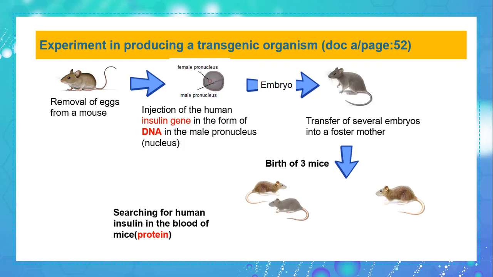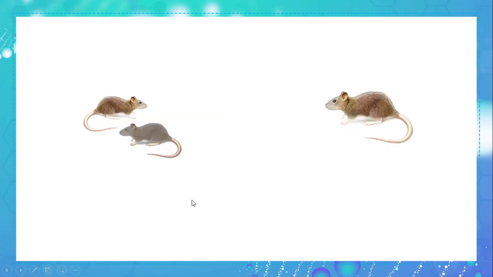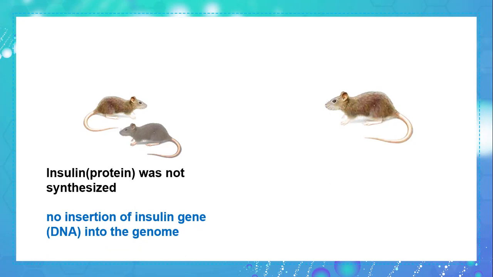After searching for human insulin in the blood of these mice, 2 mice showed a negative result, where human insulin was not synthesized in them, and only 1 showed a positive result, where human insulin was synthesized in it. To explain the results of the experiment, we noticed that these 2 mice didn't produce the human insulin protein, which means that the insulin gene wasn't inserted into their genome.